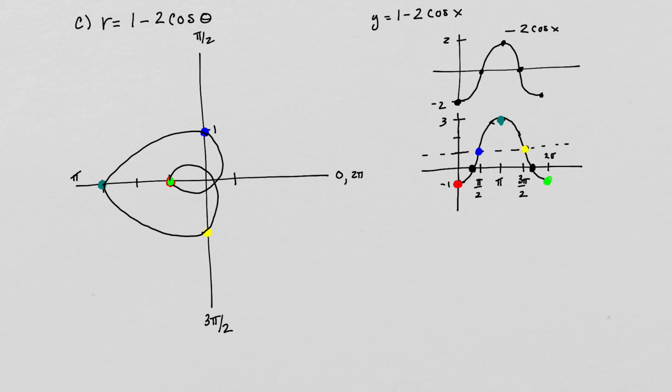So then the last thing that we're going to do, and I'm just going to show you one example, is from section 10.3, where you can find areas in polar coordinates.